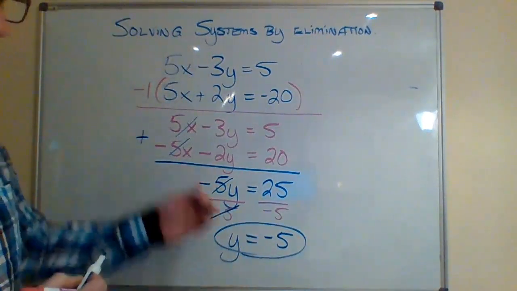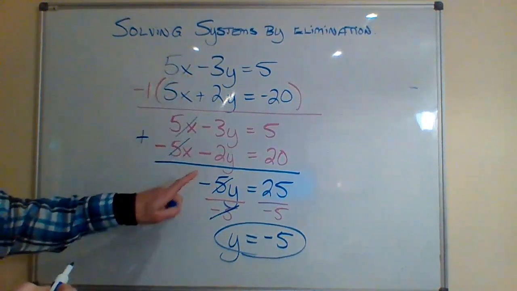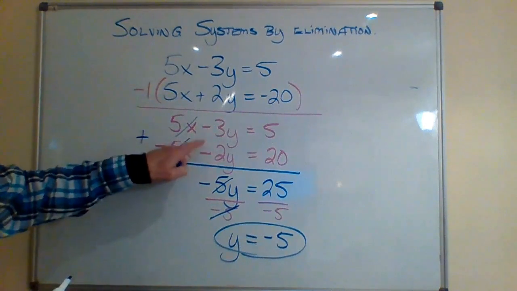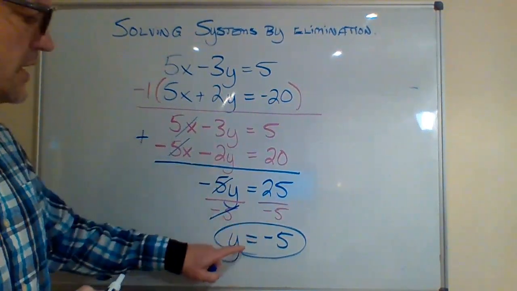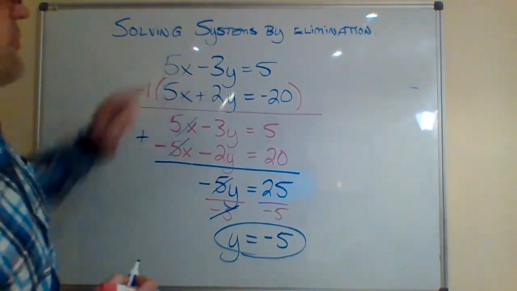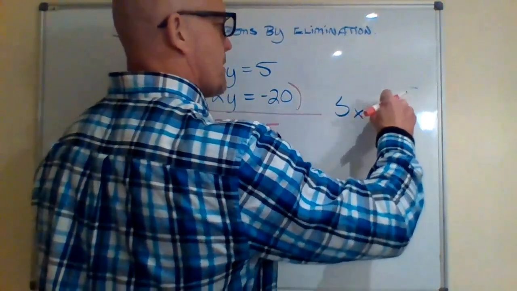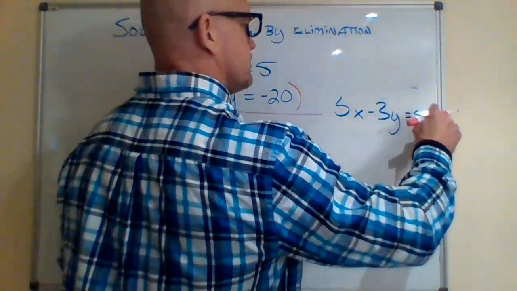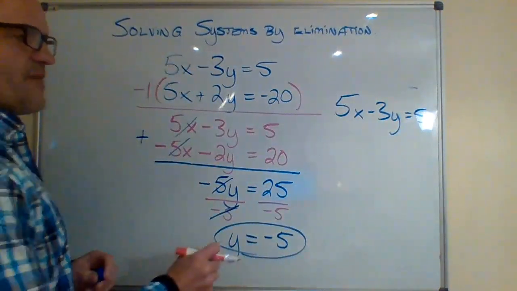Just like before, once I have one variable, substitute it into one of the originals. Avoid going to one of the ones you multiplied. If you made a mistake there, you will not find it. Take it and go back to one of the originals. So we'll take the original 5x minus 3y equals 5. And we're going to substitute that y equals -5 in there.